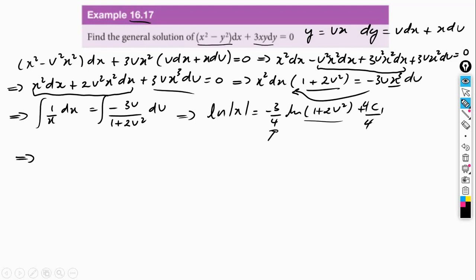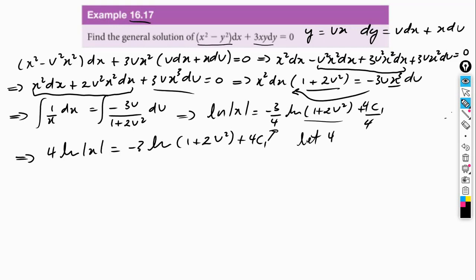So we get the expression 4 times the natural logarithm of the absolute value of x is equal to minus 3 natural logarithm of 1 plus 2v squared plus 4 times c1. Now let's do another substitution. Let 4 times c1 equal the natural logarithm of c. Now this is just to take advantage of the convenience of the properties of natural logarithms.